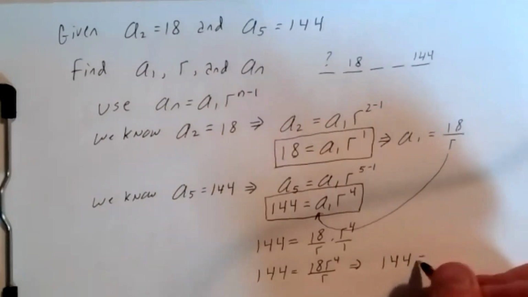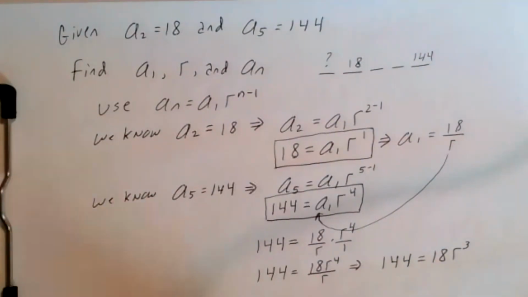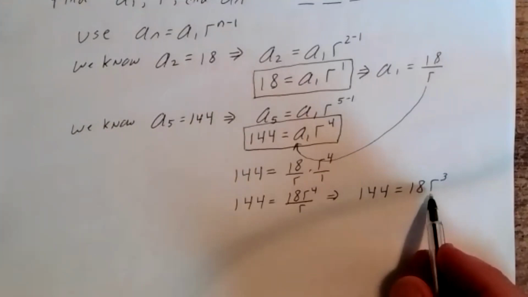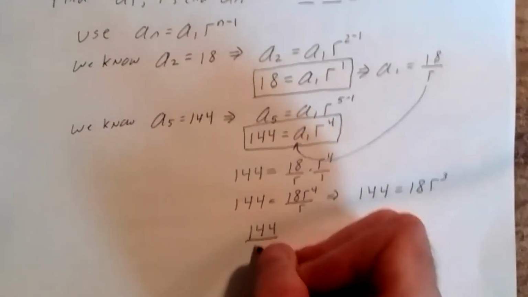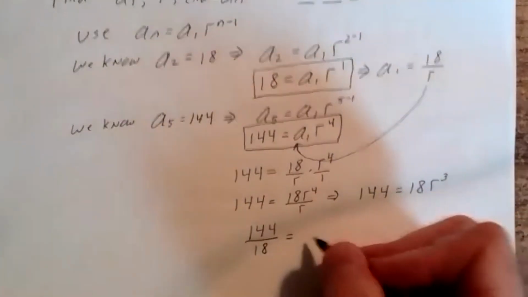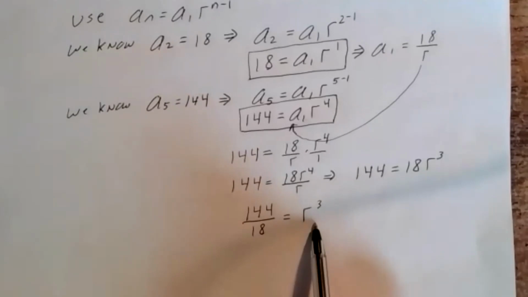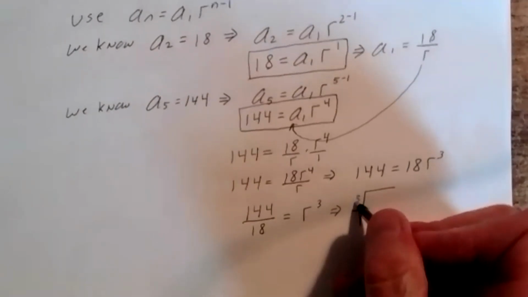That implies that 144 is really equal to 18r cubed. And now we can solve this equation for r. Divide both sides by 18. That isolates r cubed. Now, what's the inverse of cubing something? The cubed root. So now we take the cubed root of both sides of this equation.